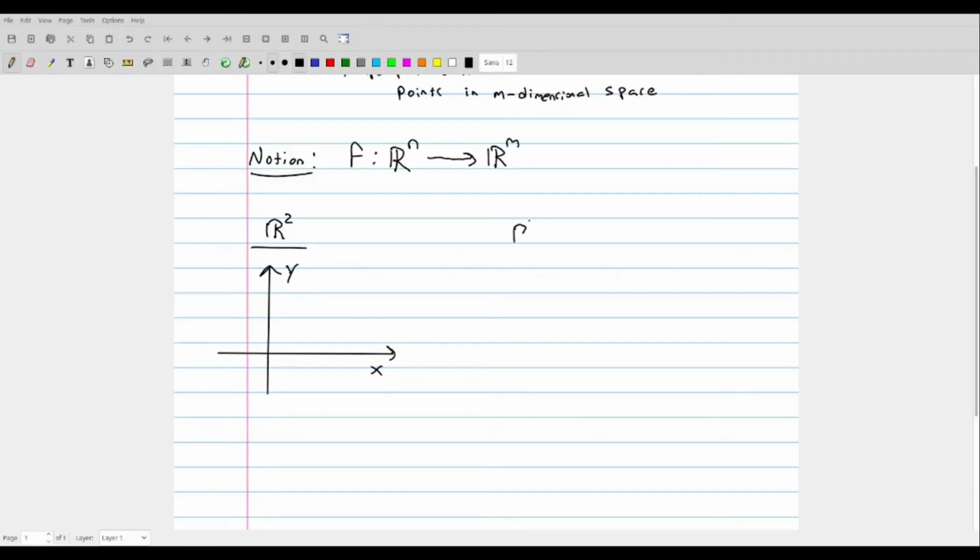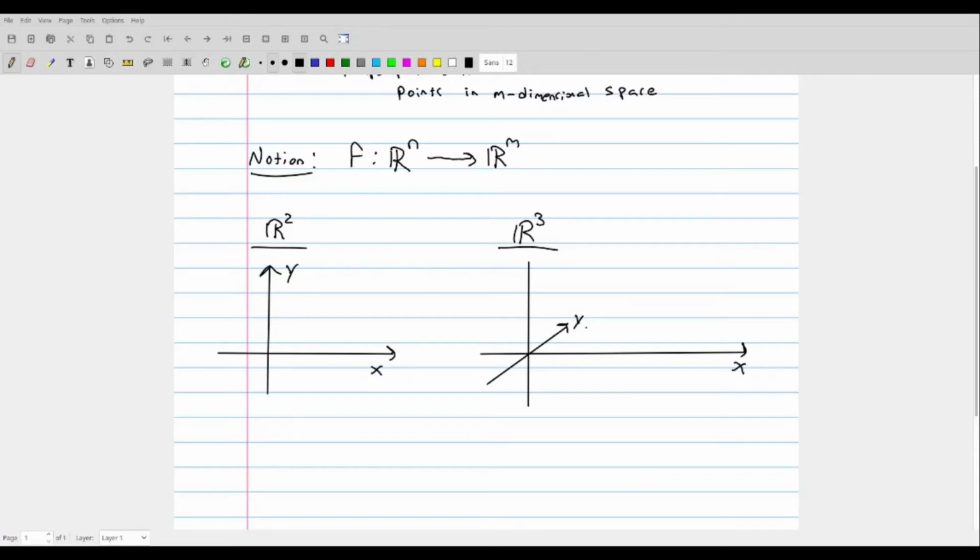Similarly, R^3 is three-dimensional space, because you have three separate copies of the real number line. One x-axis, and typically we draw a y-axis like this.